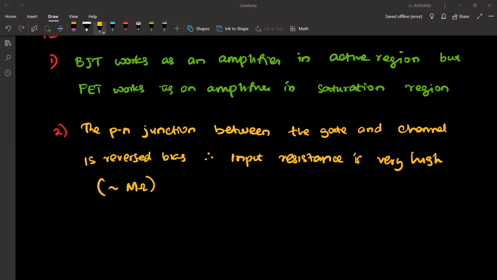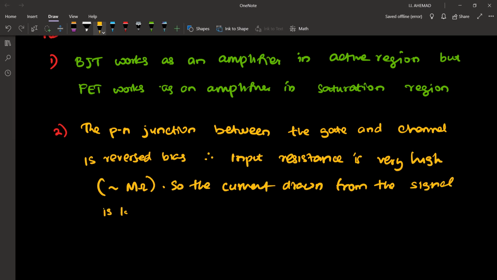So the current drawn from the signal is low.